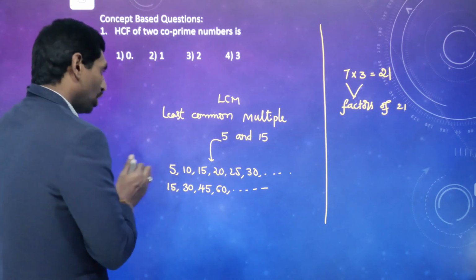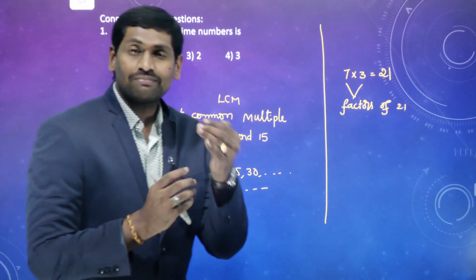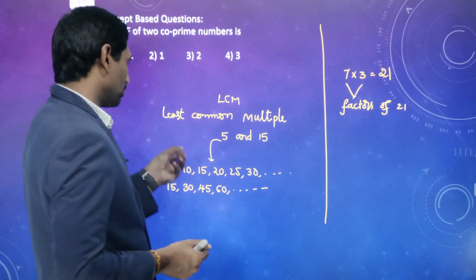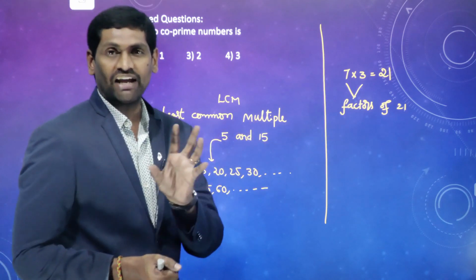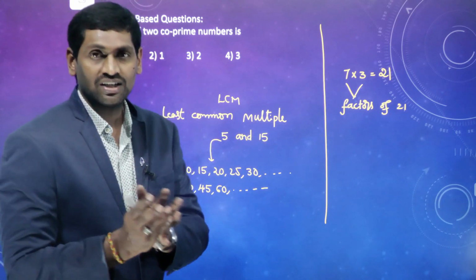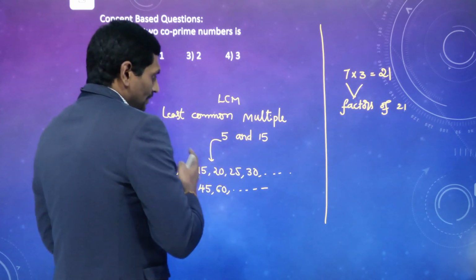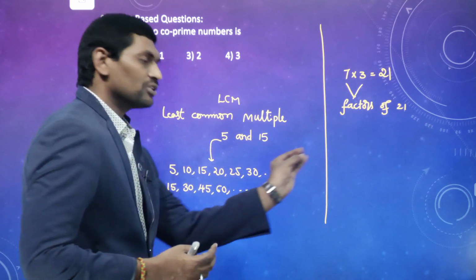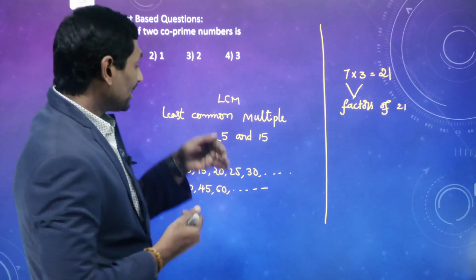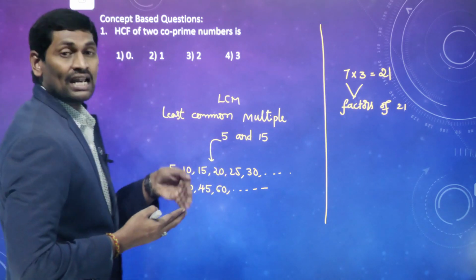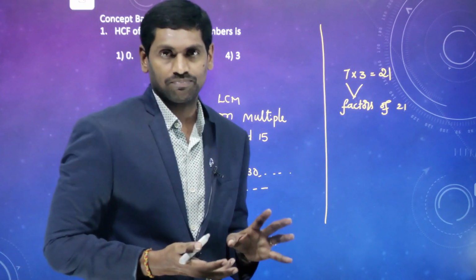So I have written all the multiples of 5 and all the multiples of 15. That means there are infinite multiples for each and every number, but that is a different matter. I am just writing the multiples of the first number and the multiples of the second number. Now try to identify the common multiples among both of them.